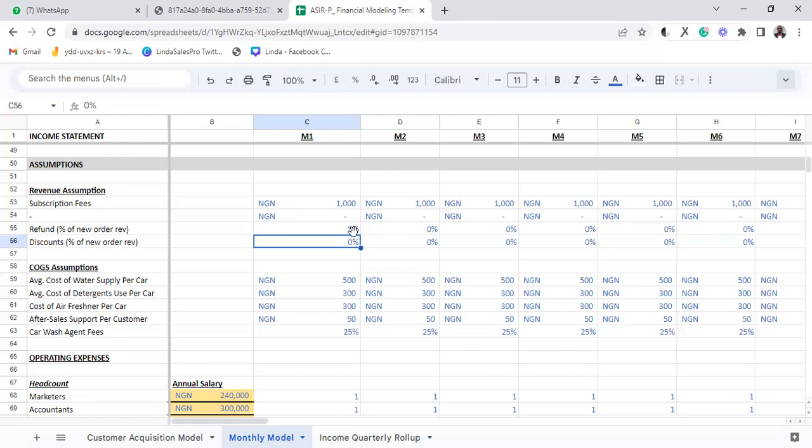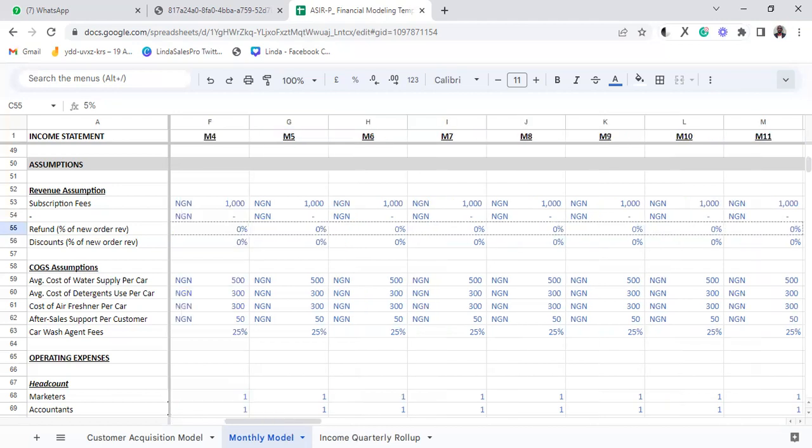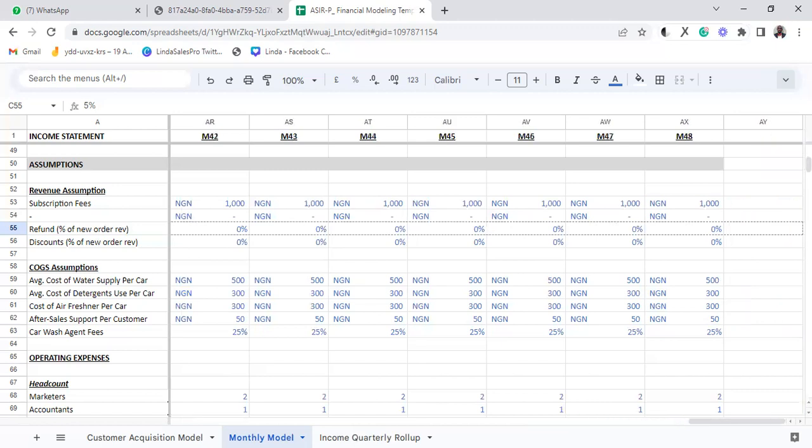So that's the essence of this. If you don't need it, you just leave it at 0. So we can say 5% of people always ask for a refund based on the model you are designing. You can leave it at 0 as the case may be.